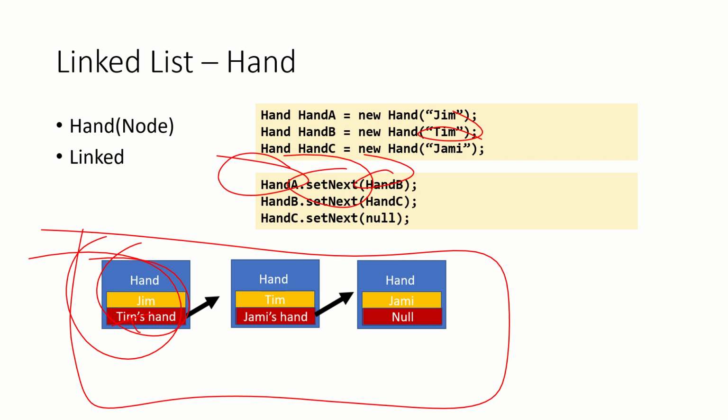If you want to insert, you need to find the head first. How do you find the head? How do you find the tail? Not just by looking at this picture and saying the tail would be Jamie.